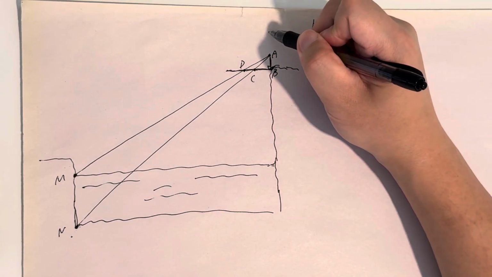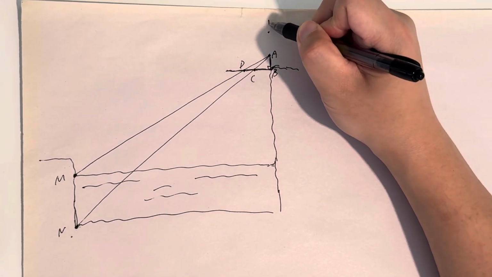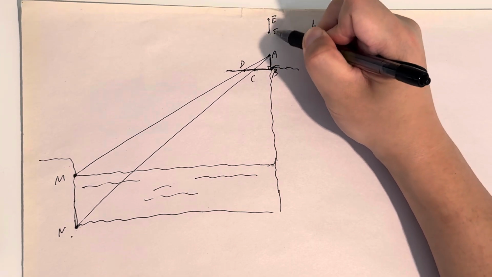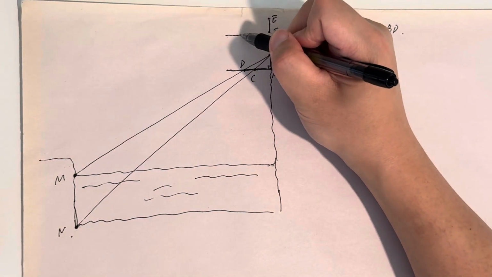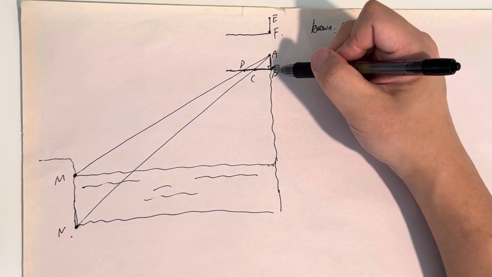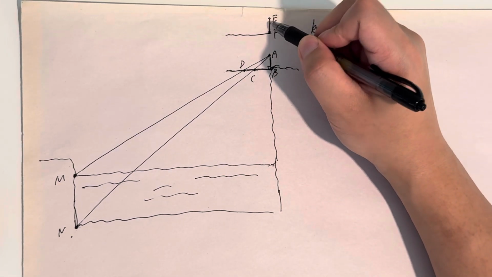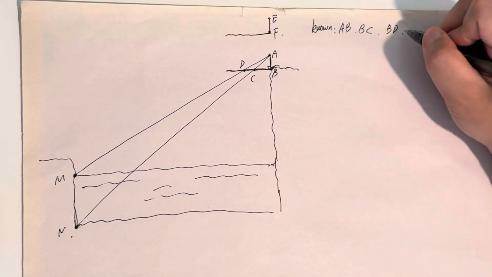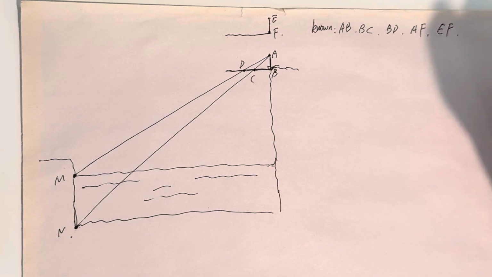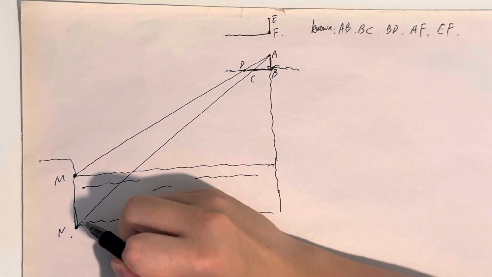And we do it again here. Because this ruler has a fixed size, we know that EF equals AB. And because we move it up, we know the distance of AF, right? So we know AF, we know EF. And we do it again.